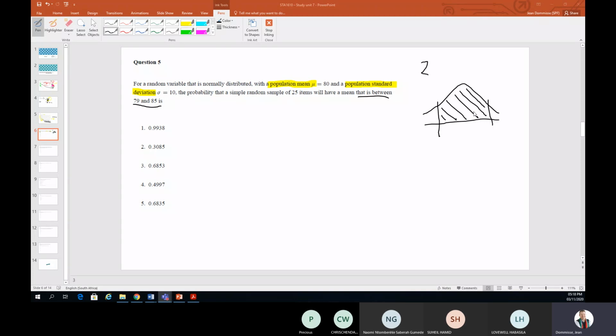This one is nearly the most difficult that you will get, because now you need to work out the two Z's, and then subtract the one probability from the other one. Let's work out the biggest one first, the 85.